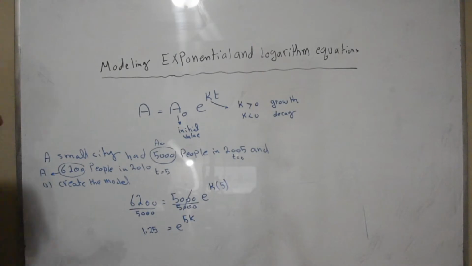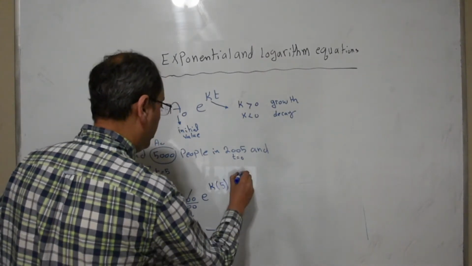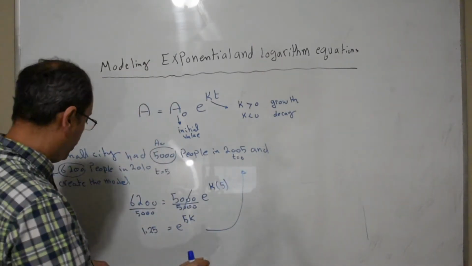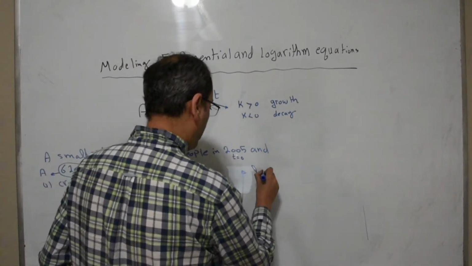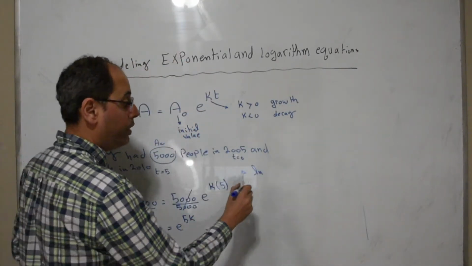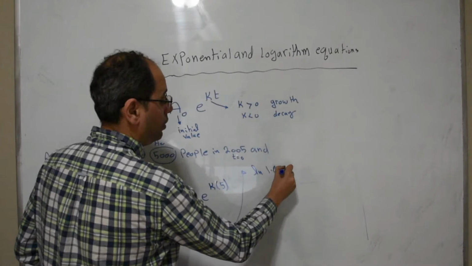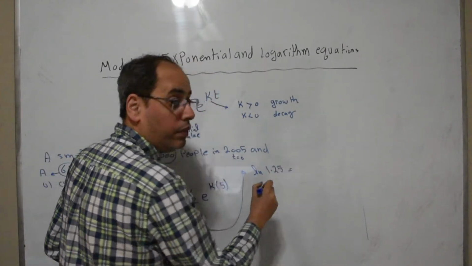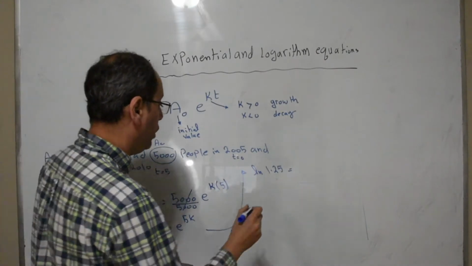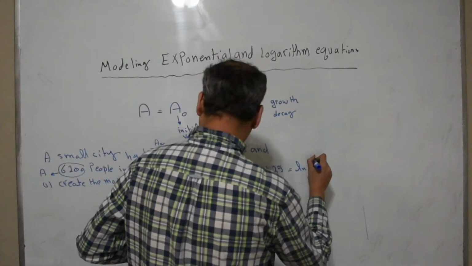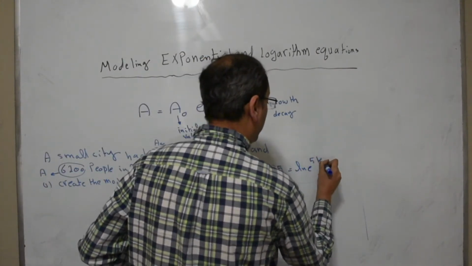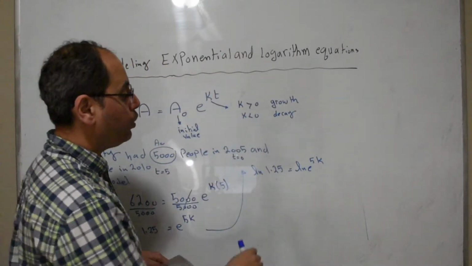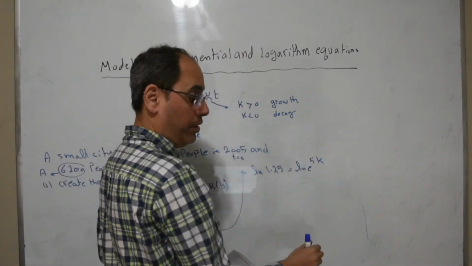Alright, we're going to take the natural log of both sides. So the natural log of 1.25 equals the natural log of e to 5k. But based on the rule, the natural log of e to something is that thing.